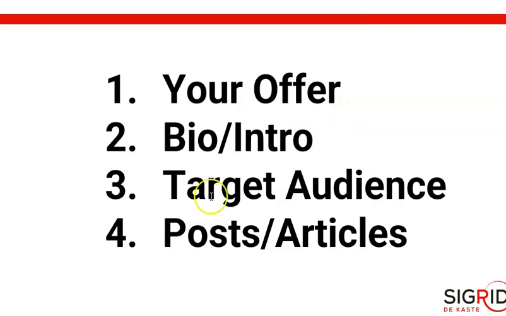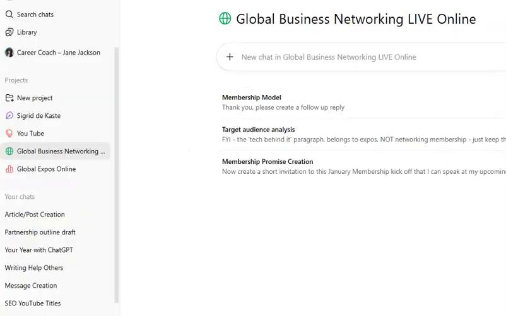I've also looked at creating and researching my target audience in detail, and then setting out some specific guidelines for how to write posts and articles, so for content in general. I have used the projects section in ChatGPT. I have detailed and researched my membership model, my target audience, and the membership promise that I wanted.